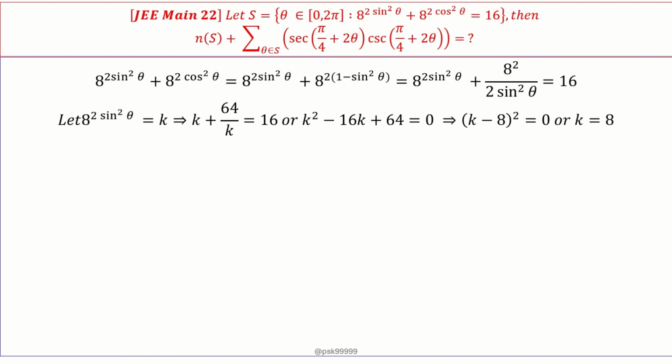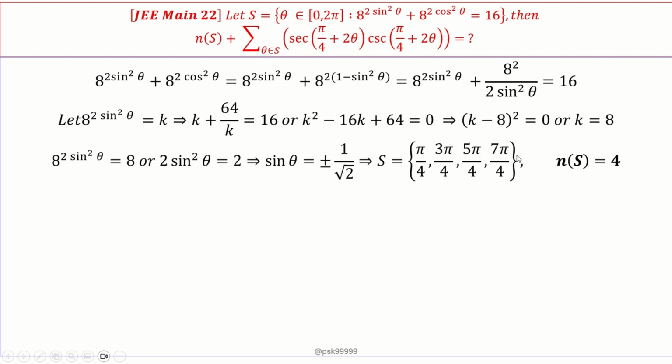Let's call 8 to the power of 2 sin square theta as k. Then the expression becomes k plus 64 by k equals 16. You get a quadratic equation. If you solve it, you will get k equals 8. k equals 8 means 8 to the power of 2 sin square theta equals 8, or 2 sin square theta equals 2.